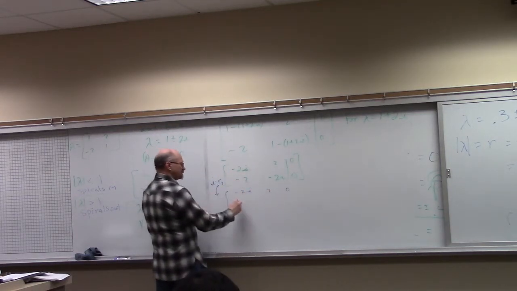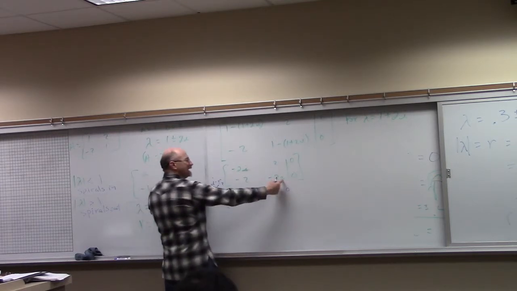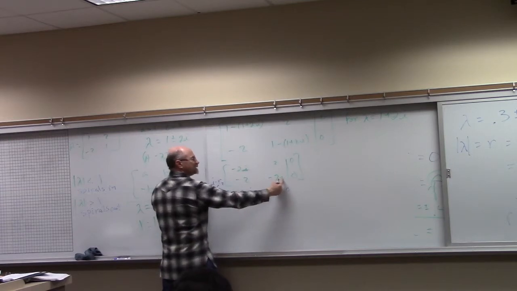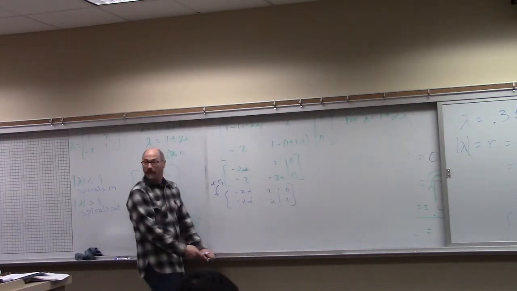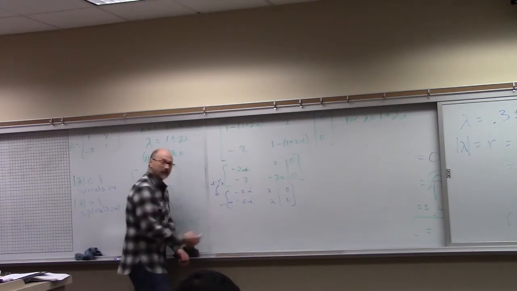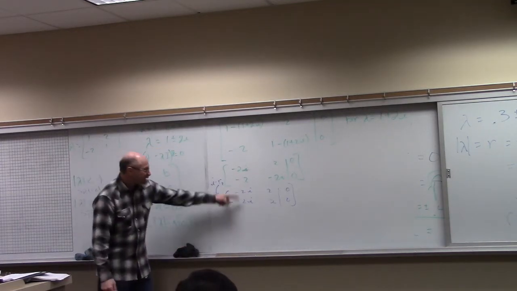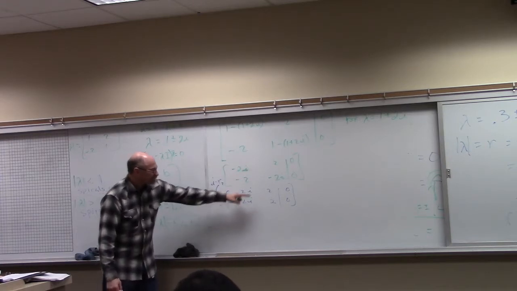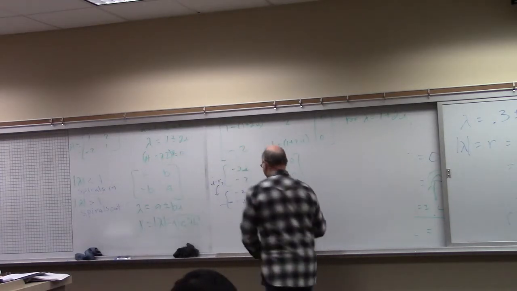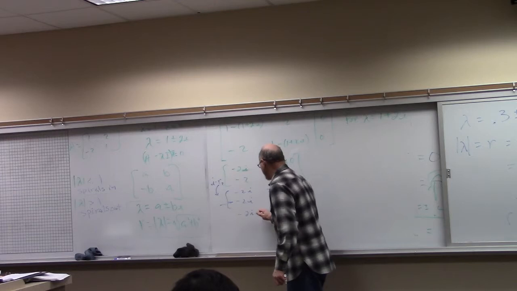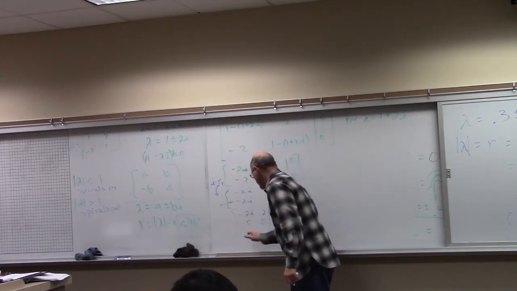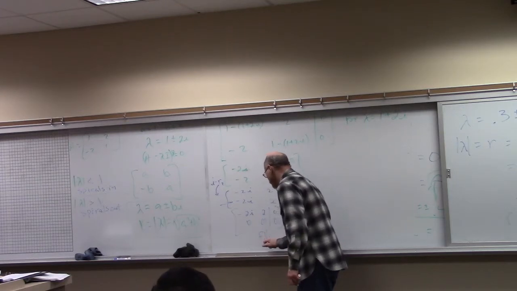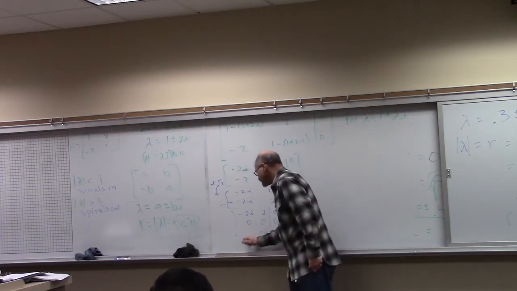And i times this is going to be i squared, which is negative 1, and negative 2 times negative 1 is 2. So this is basically going to get zeroed out, isn't it? They're identical. So we just subtract row 1 from row 2, and we get negative 2i, 2, and 0, and 0, 0, 0. So we have a free variable here for x2.